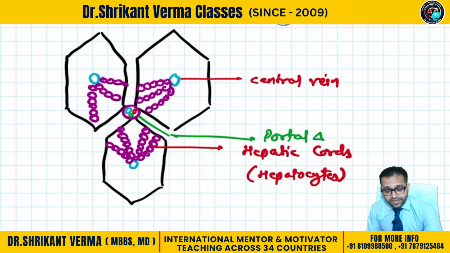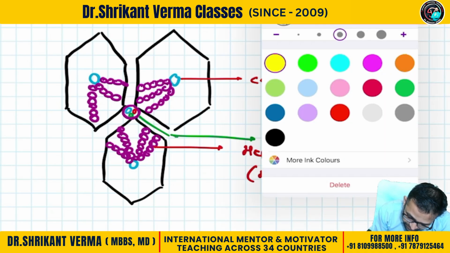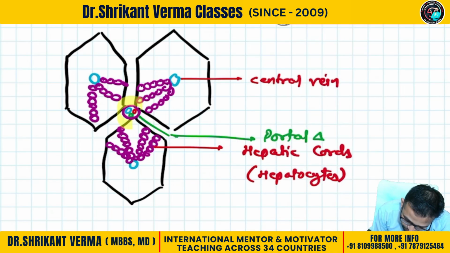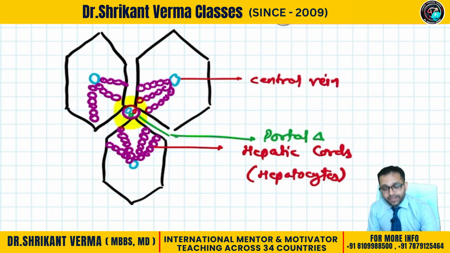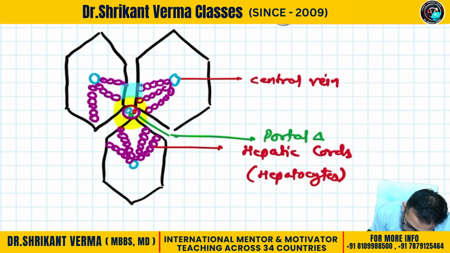Getting the point? Try to understand the area around this portal triad. This is the zone 1 area. Around this zone 1, that is zone 2, this blue colored structure.